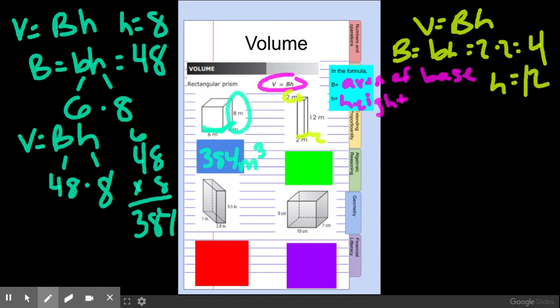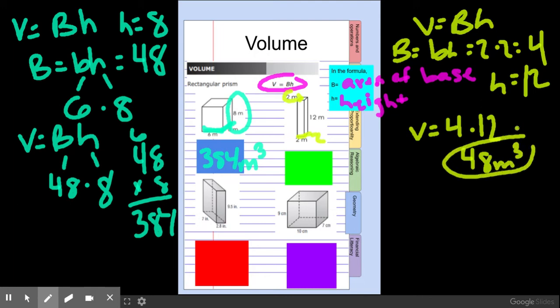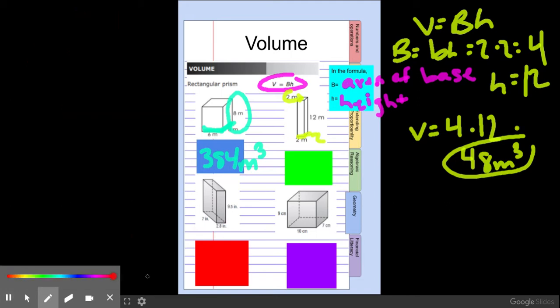Okay, so now we're going to put it in there. So volume is going to equal our big B was 4 times our height of 12. And 4 times 12 is 48. So it's 48 meters cubed for that one. Okay. All right, the next one down here, again, I'm going to say that the bottom is my base.